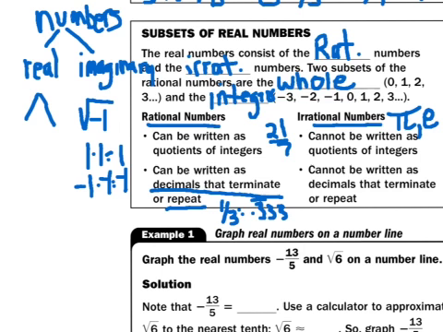Irrational numbers can't do that. Like pi, you know, is about 3.14, but you know it never stops. It keeps going forever, never repeats, never stops. So that would be an irrational number. Most numbers that you'll work with are real and rational.